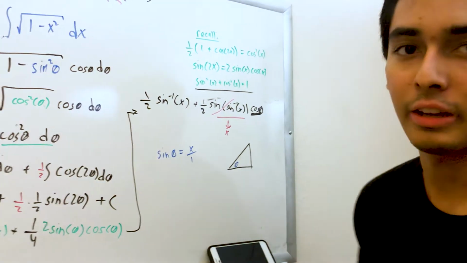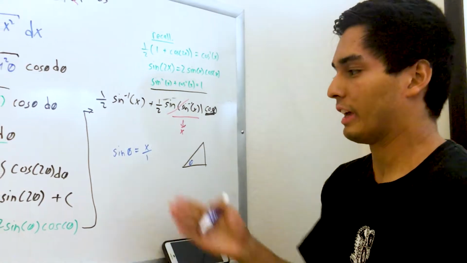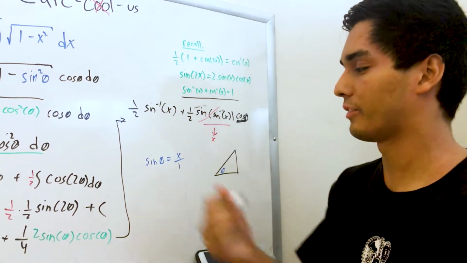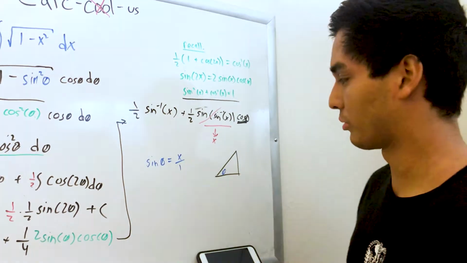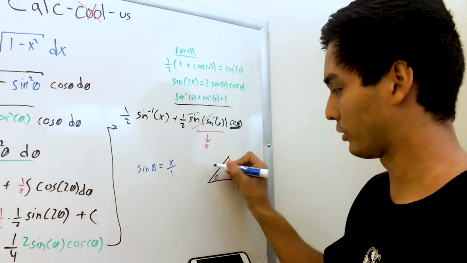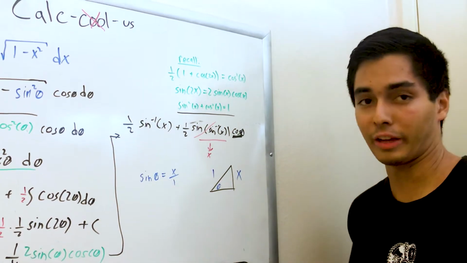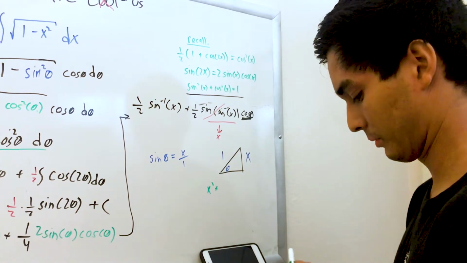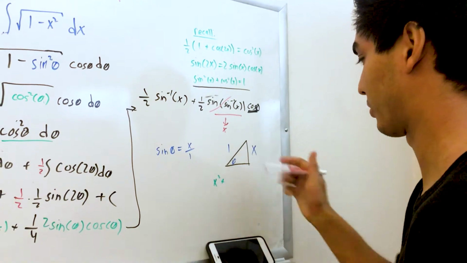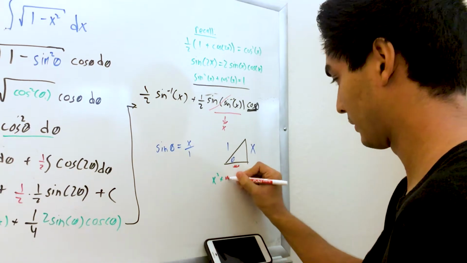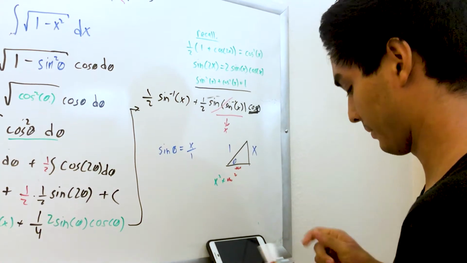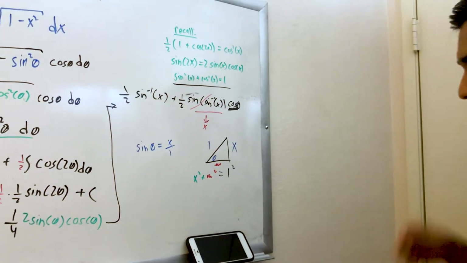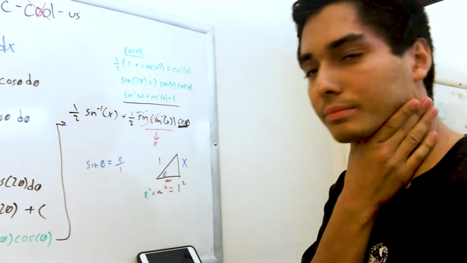So from the triangle method, sine of theta is opposite over hypotenuse, where opposite is x and hypotenuse is 1. And from the Pythagorean theorem, we have x squared plus something squared equals 1 squared.